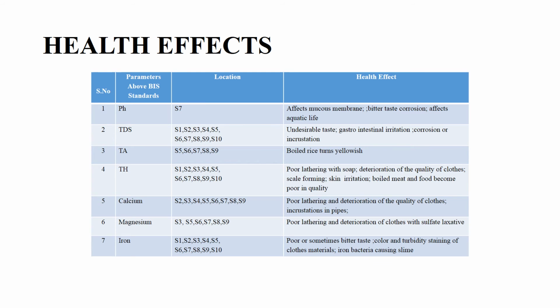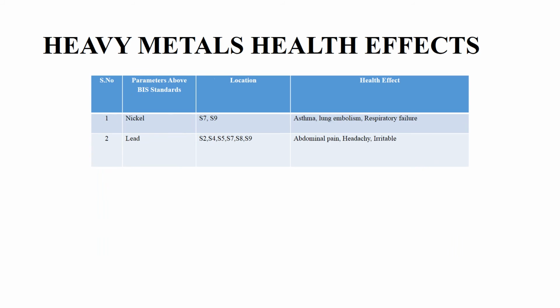These are the health effects caused when a parameter exceeds the BIS standard, and the locations are noted. These heavy metals exceed the BIS standard, and these are the health effects on the human body.